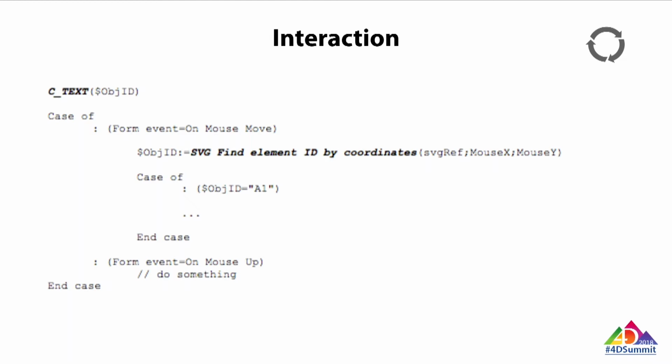You know what it is. And the command SVG Find element ID by coordinates will give you back the element where the cursor is over, if you give it the coordinates. And that is the only way to find out which element you're dealing with.